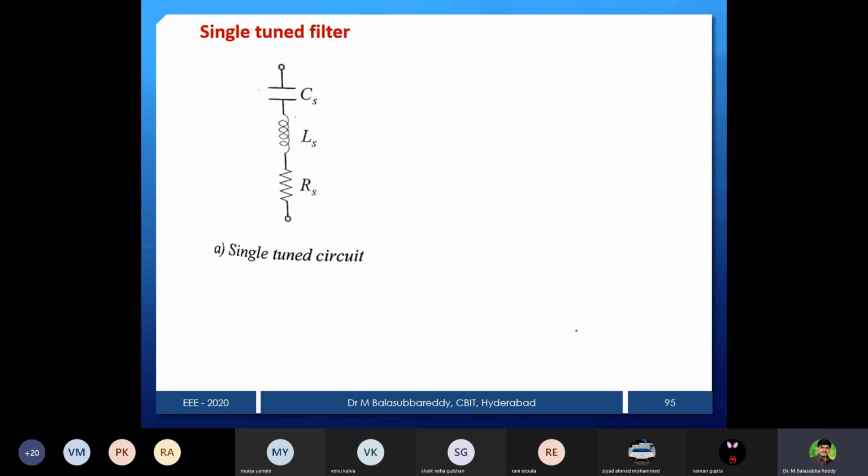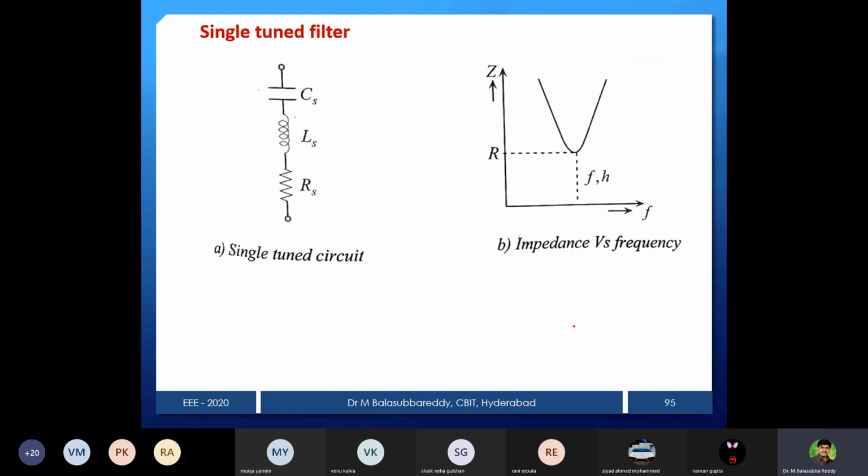Now you can see the single tuned filter, where CS, LS, RS are the filter components, and this is the impedance versus frequency. Now I want to design this filter with some relations. It consists of a capacitor and reactor in series with a resistor, and is tuned to a specific harmonic frequency.